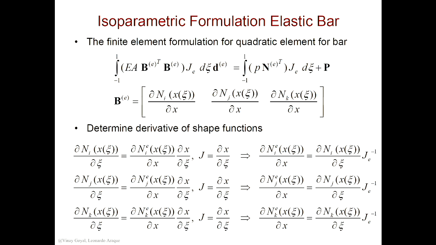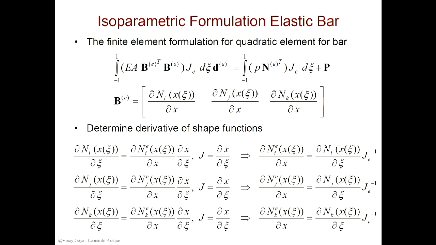And I already went over this, but I know N as a function of xi, not as a function of x. So I cannot take this derivative explicitly. So to do that, I have to use this formula for the chain rule. So dN/dxi equals dN/dx times dx/dxi. So dx cancels, and then you get that one over there.